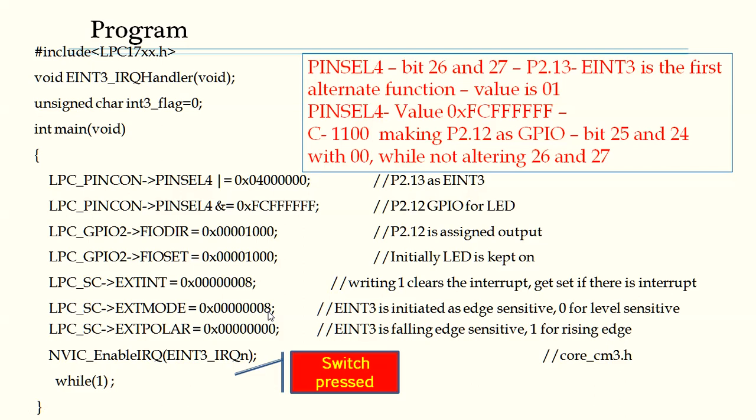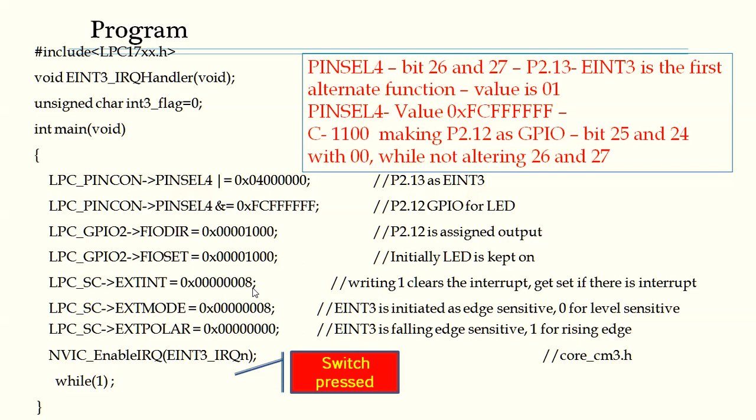What does that mean? When you write a value of 1, it is the edge triggered. And then we have written it to be as 00, which means it is corresponding to the falling edge. Okay, so these are the initializations that are being done.